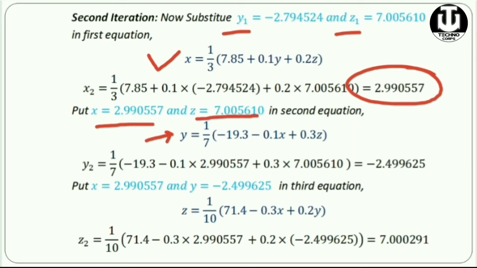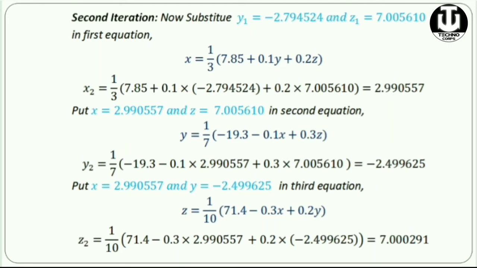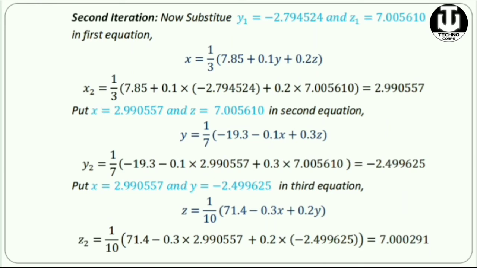You can check, this is the value of x2 and this is the value of z1. So this gives the value for y2, which came as this much. Now we have the updated values of y2 and x2, so we can keep the values of x2, y2 for the calculation of z2. You can check here, the value for z2 is coming as this much.